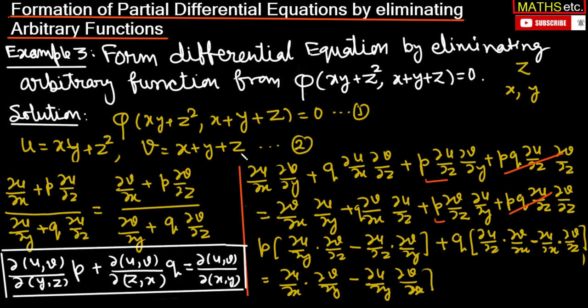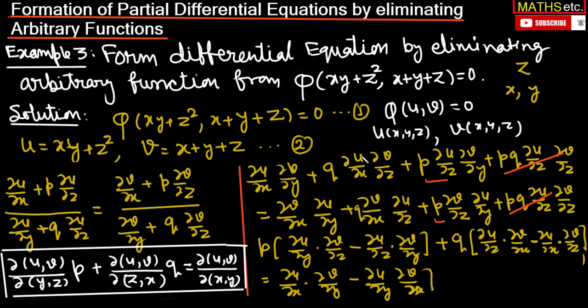In fact, we have derived a general formula. Suppose we have phi a function of u and v, where u is a function of xyz, and v is a function of xyz.